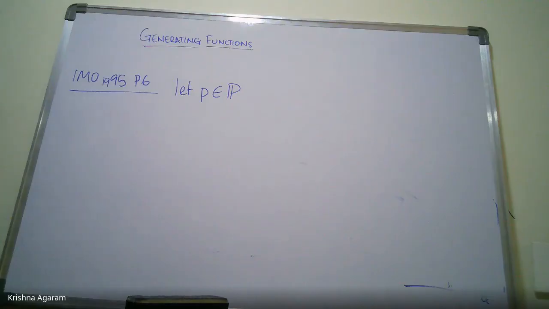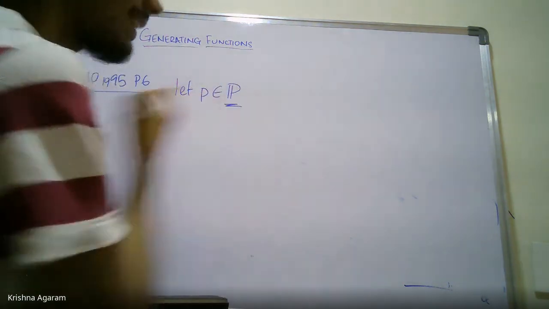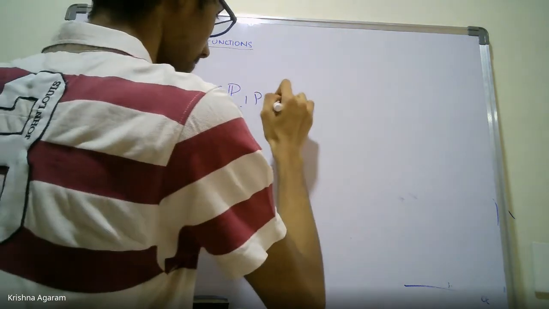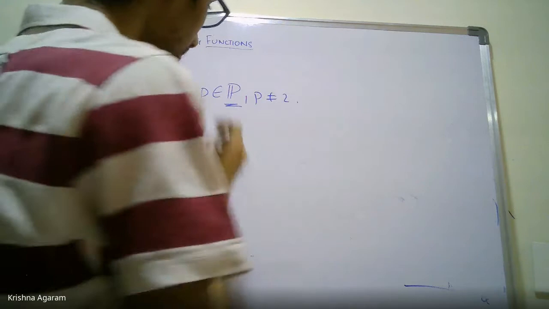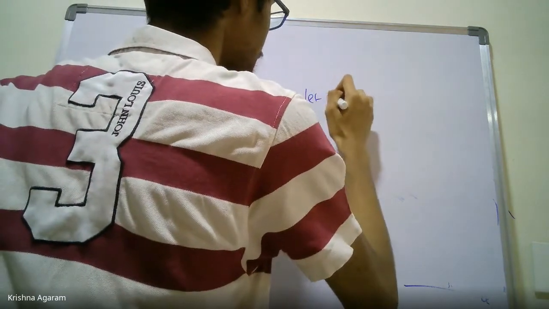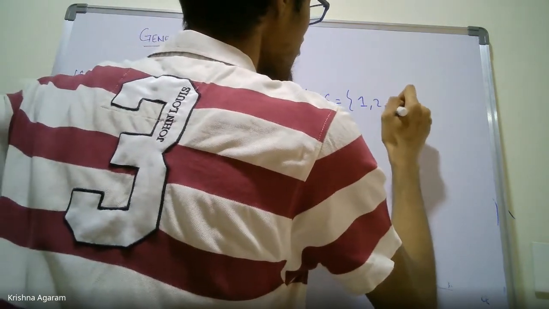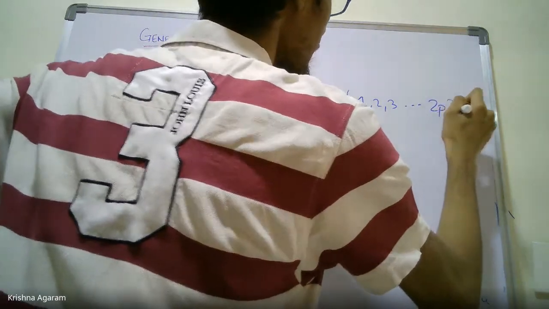IMO 1995 P6. Let P denote the set of all primes, like P is an odd prime.